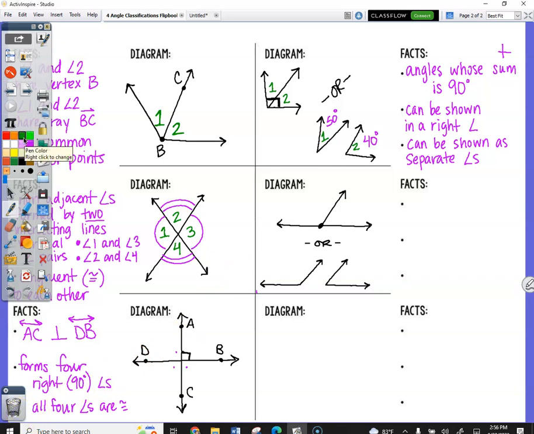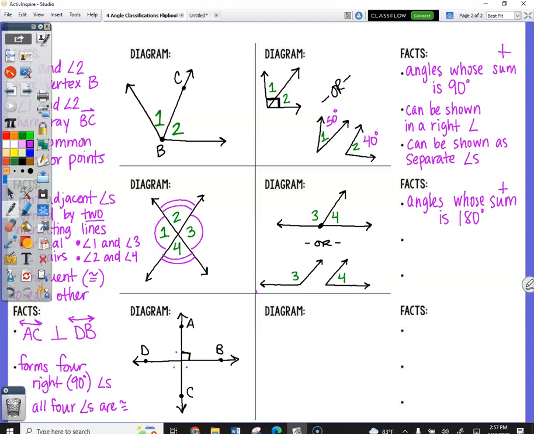Take your colored pen and let's label this as angle 3 and 4 when they're disconnected. This is the word supplementary. There's three facts here. Fact 1 is it's angles whose sum is 180. Remember, sum means add. Angles whose sum is 180 degrees.